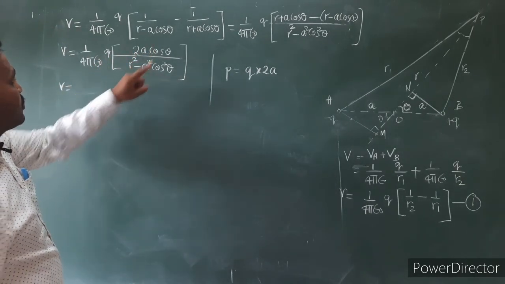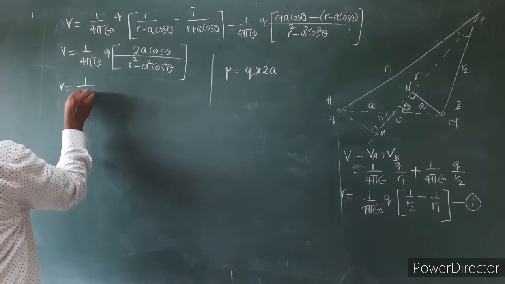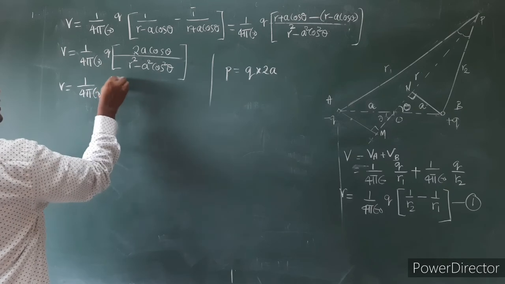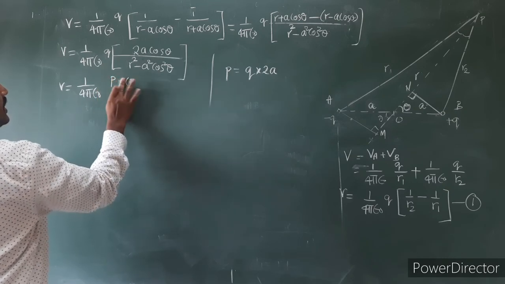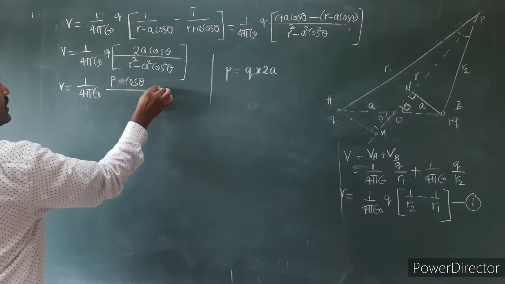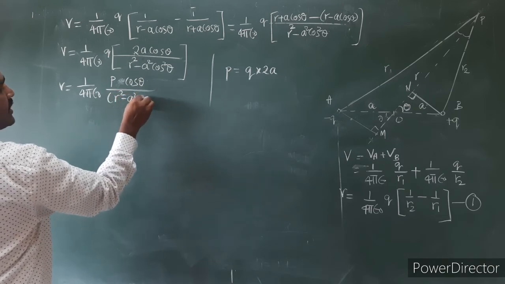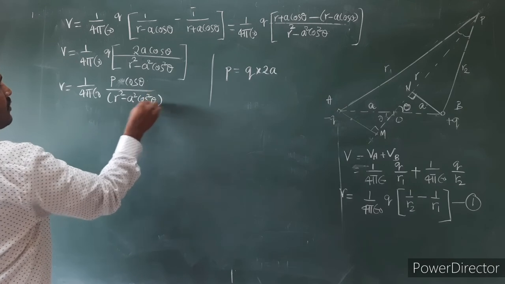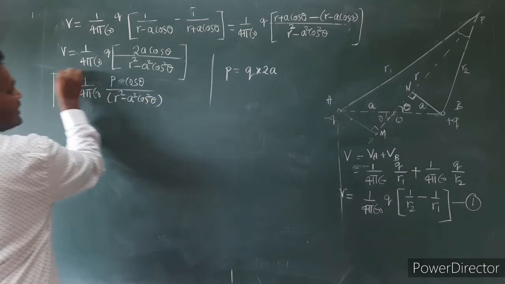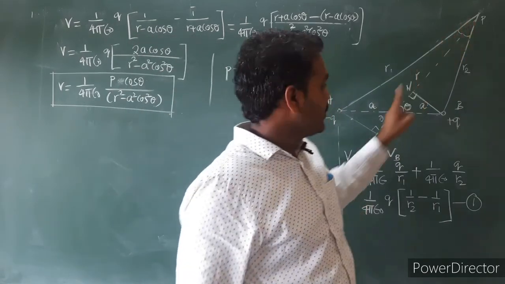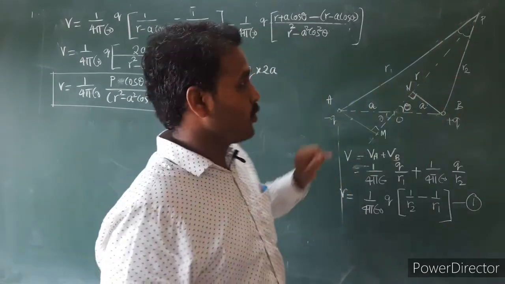So this Q into 2A I can simply write as P. This is 1 by 4 pi epsilon naught, P cos theta whole divided by R square minus A square cos square theta. Okay. And this is the general expression for electric potential at a point due to an electric dipole.